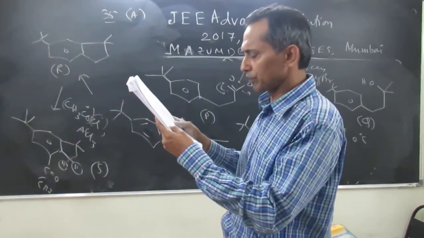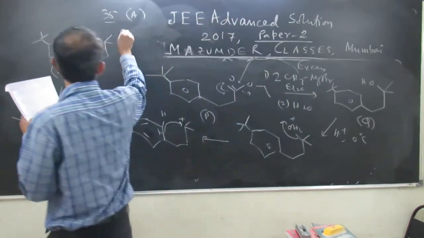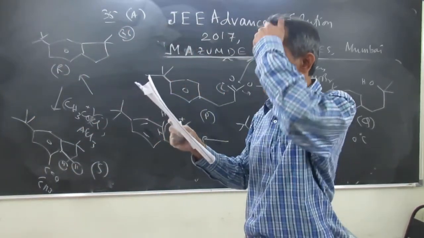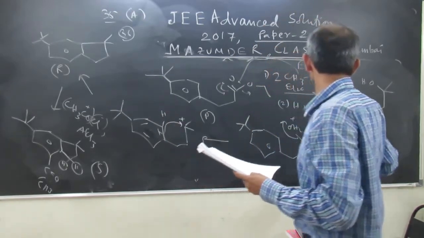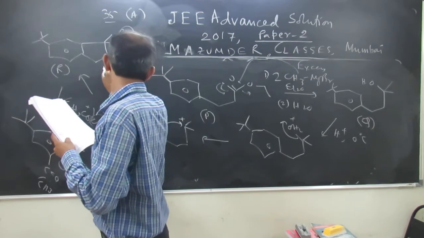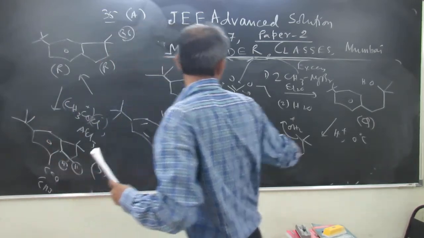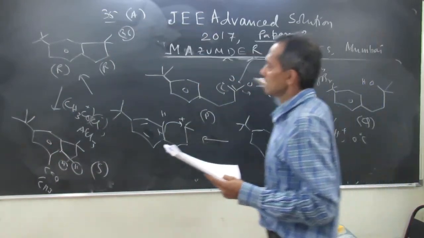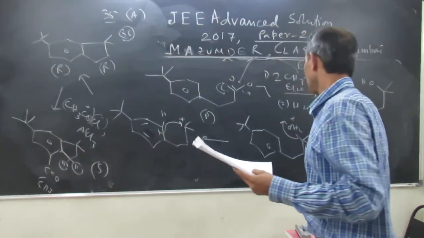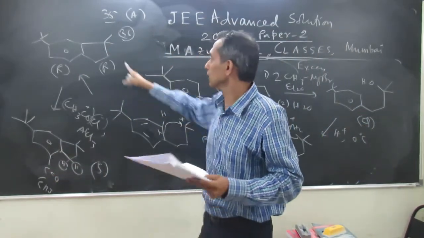And for 36, it is another interesting one, just look at 36. What are they asking? The reaction Q to R and R to S. That means this is your Q, and this is basically R. So Q to R, Q is the alcohol, R is the cyclized product. It is basically alkylation because your alkyl cation is coming inside.